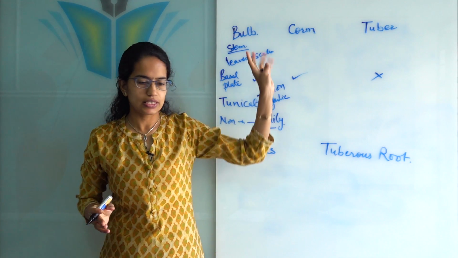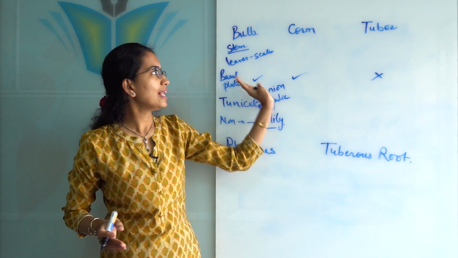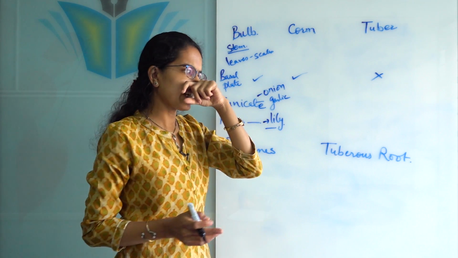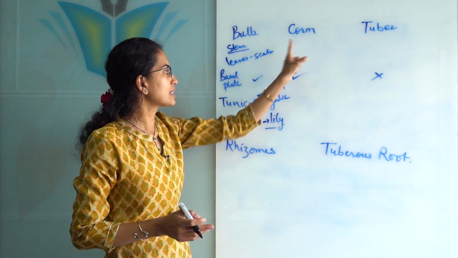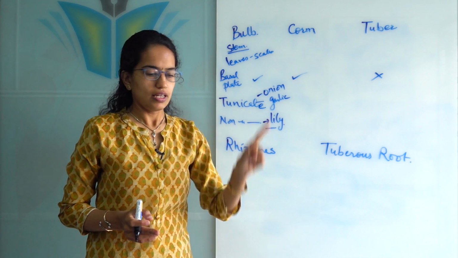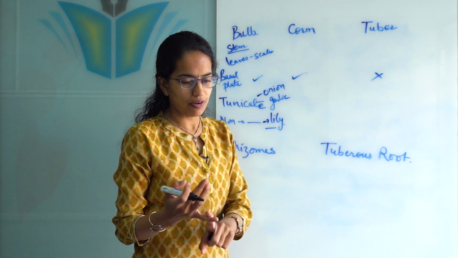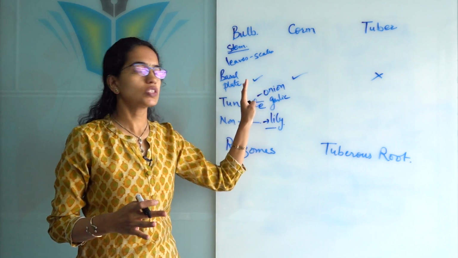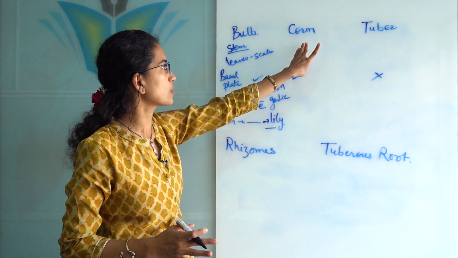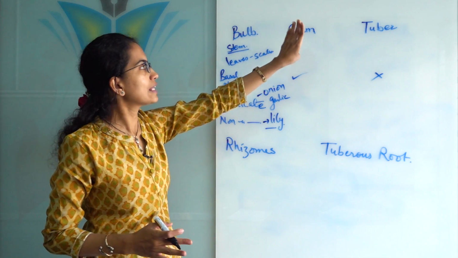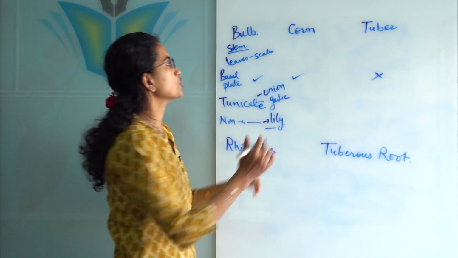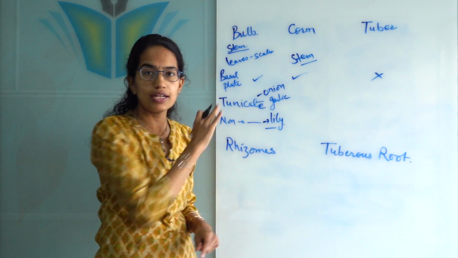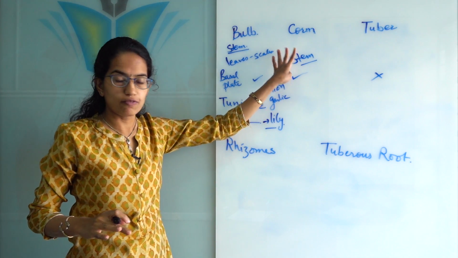Now, since we understand what is a true bulb, let's move to corm. Corm again is an underground stem. It does have a basal plate. How do I differentiate a corm from a bulb? In the case of corm, the primary storage is the stem itself, not the leaves. So leaves are not involved.